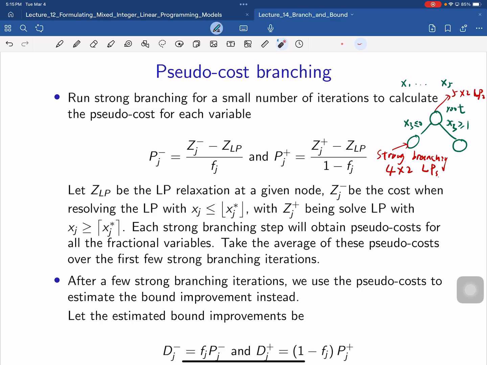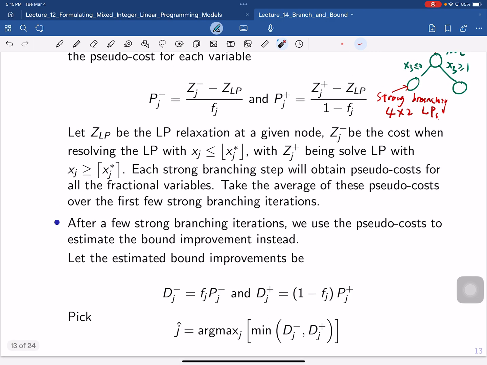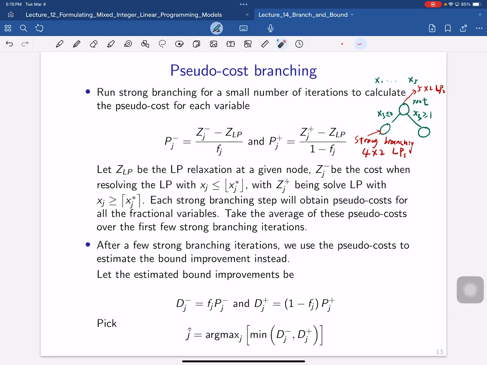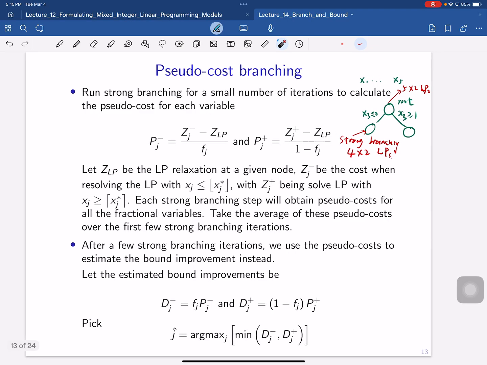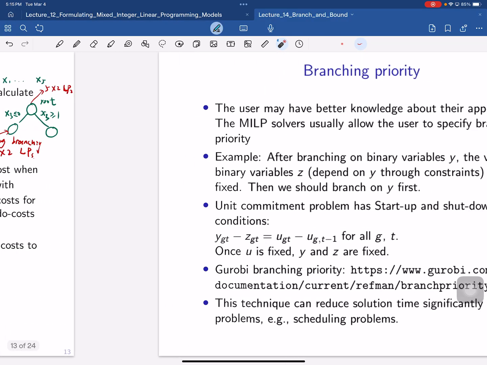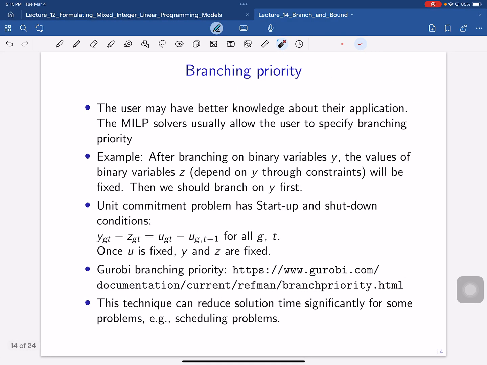So this is the pseudo cost. At a given node, you can use the pseudo cost to estimate the bound improvement rather than doing strong branching. And that's the idea. You can read the math in detail later, but the figure I show you gives you the intuition. Okay, so those are the commonly used branching heuristics in branch and bound.